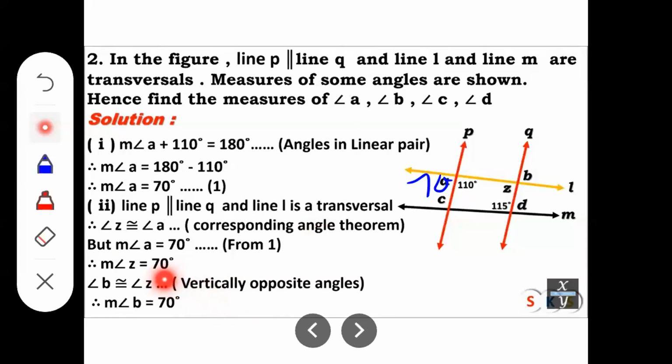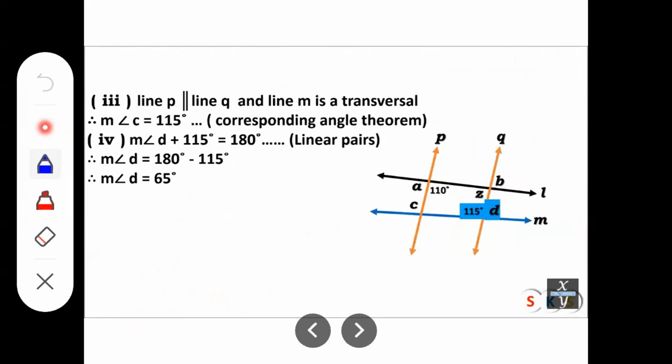So as Z equals 70 degree, angle B will also be 70 degree. Let's write here B is also 70.